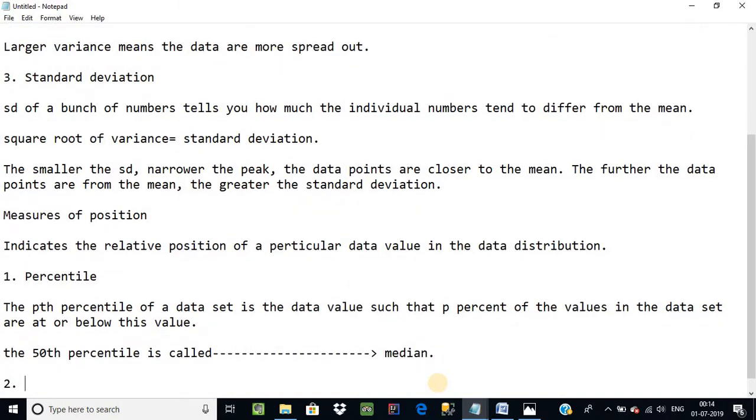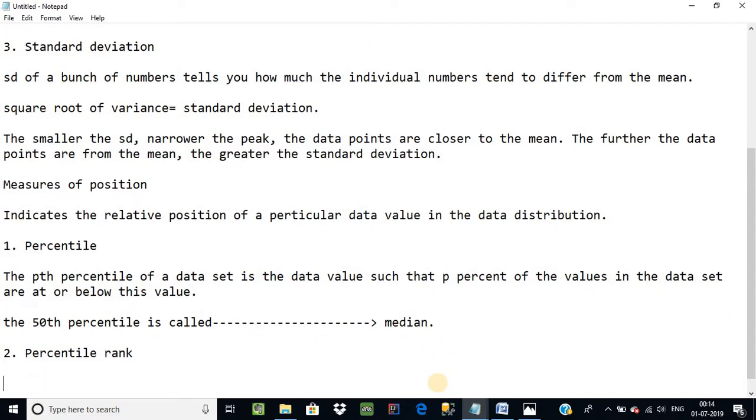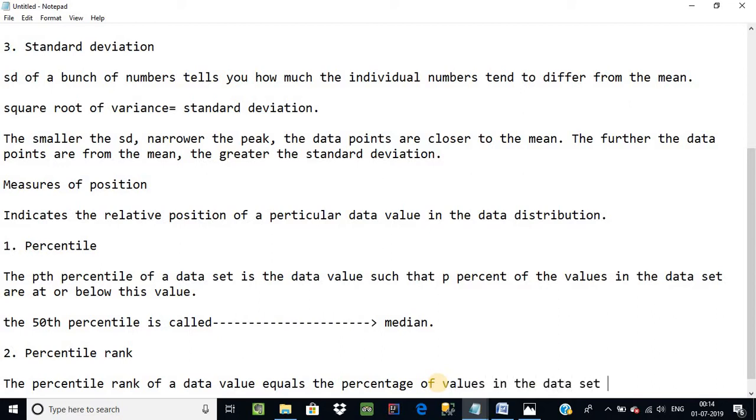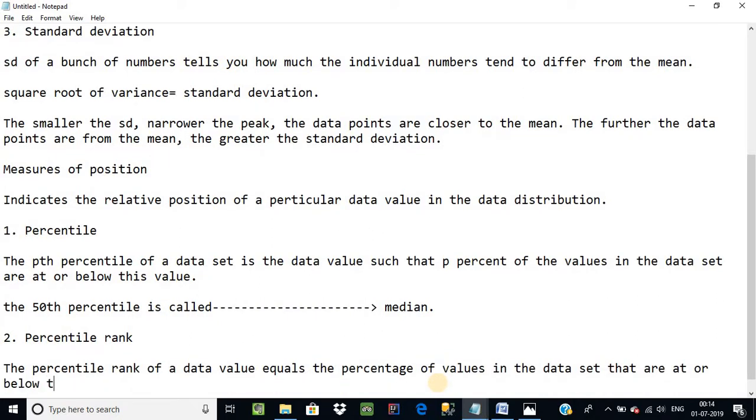The next topic we will discuss is percentile rank. What exactly is percentile rank? The percentile rank of a data value equals the percentage of values in the data set that are at or below that value.